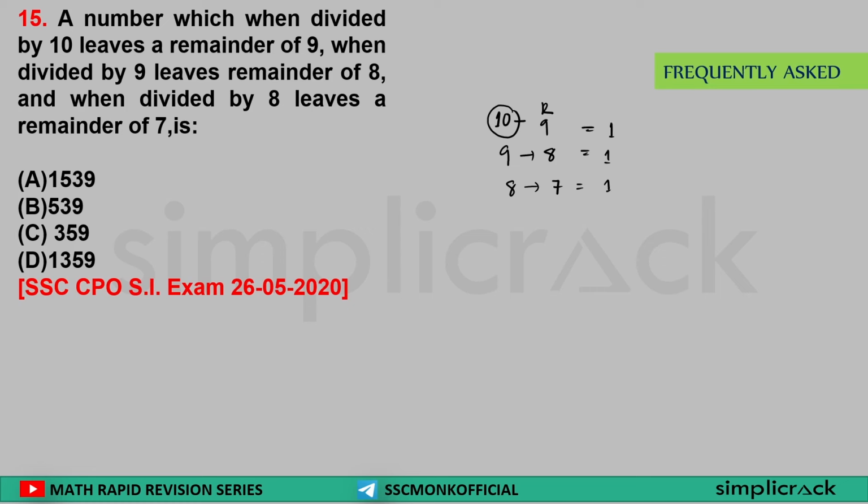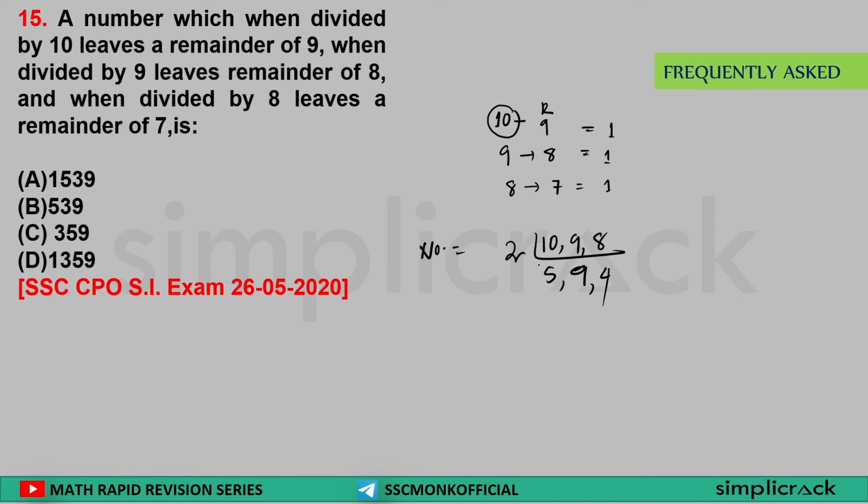Now, when I see a question like this, in which the difference between the divisor and the remainder is always equal, whether it is 1, 2 or 3, but the difference is equal in all cases, I will directly write the number is equal to LCM of 10, 9, 8. Sir, LCM of 10, 9, 8 is equal to what? So let's find out. 2 fives are 10, 9 here, 2 fours are 8.